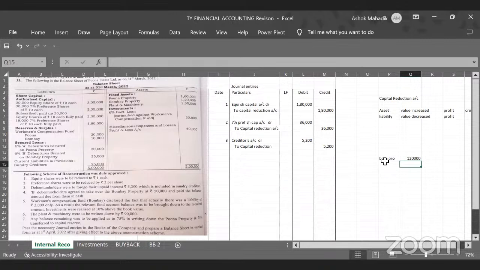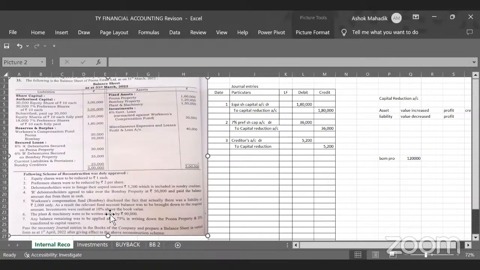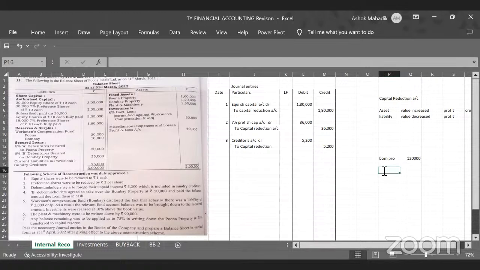The debenture holders agreed to take over the Bombay property at only 50,000. The value of Bombay property is 1,20,000, but they are taking it over at only 50,000.